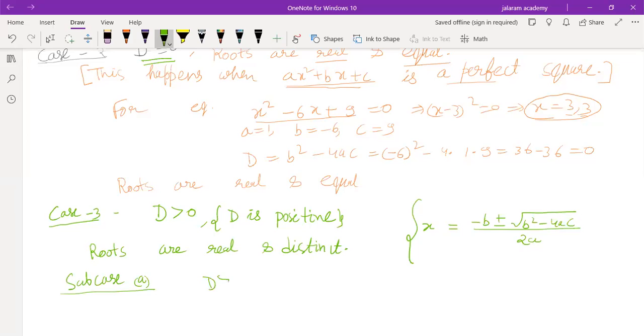discriminant is greater than 0 and is a perfect square.